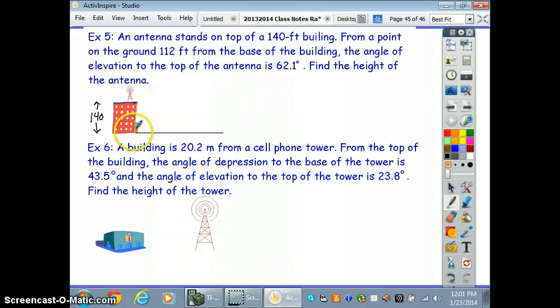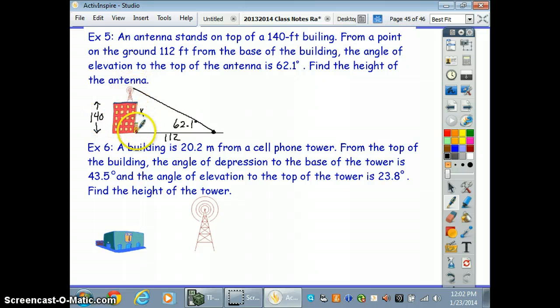Well, we do know that if we draw in a triangle here, this distance is 112. And our angle of elevation to the top of that antenna is 62.1 degrees. If we can find this distance, then we could subtract our 140 to find out how tall that antenna is.